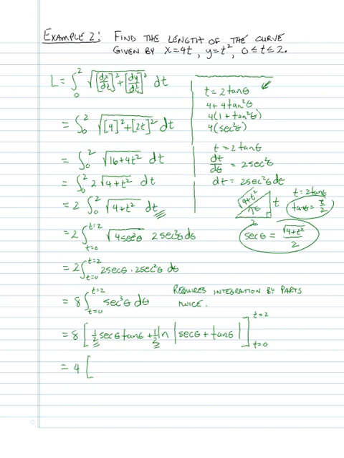And in here, we're going to replace secant of theta with the square root of 4 plus t squared divided by 2, times the tangent of theta, which is t over 2, plus the natural log of the absolute value of the secant of theta, which is the square root of 4 plus t squared divided by 2, and add to that the tangent of theta, which is t divided by 2, close the absolute value, and then we're going to evaluate that from t equals 0 to t equals 2.